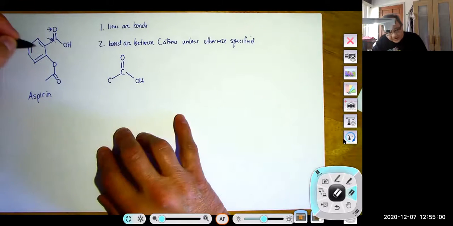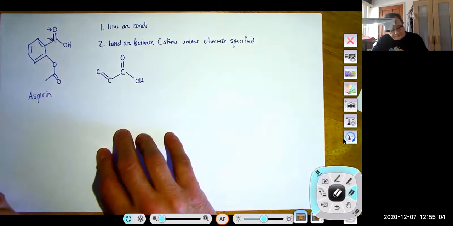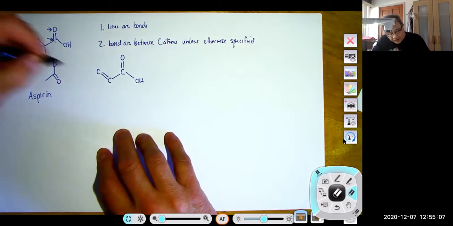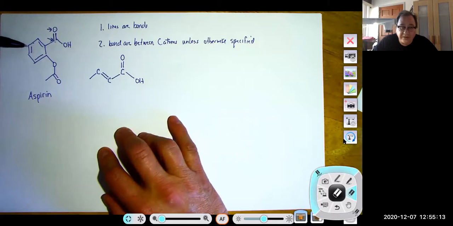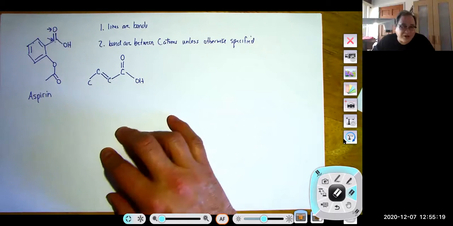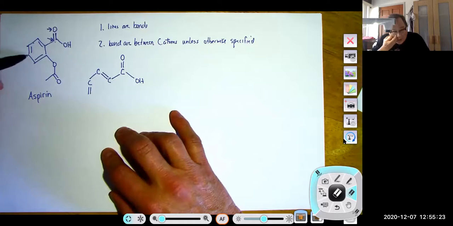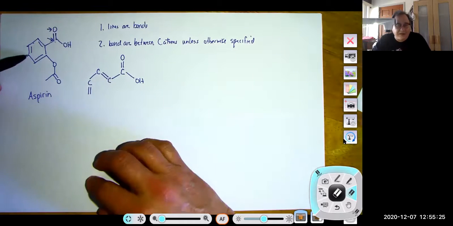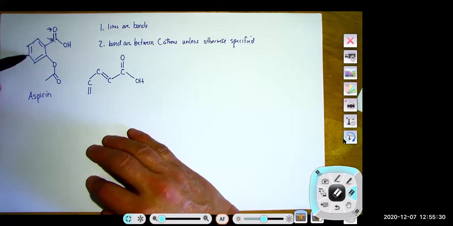Okay, so now we've got this double bond, if you will, that goes to a carbon. And a single bond that goes to a, who wants to guess? What does this bond go to here? Is it another carbon? It's another carbon. Do you see how easy the rules are? And then we have a double bond. What does that go to? Oh, it's carbon.